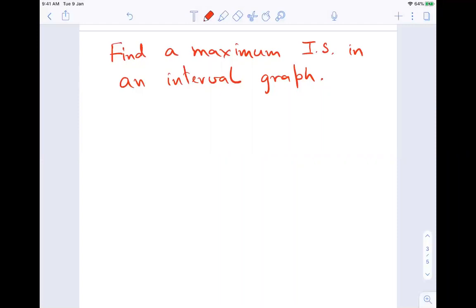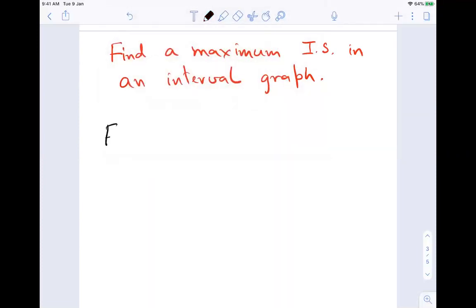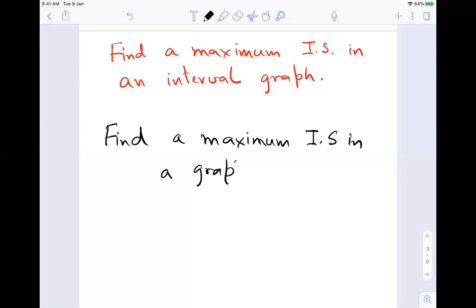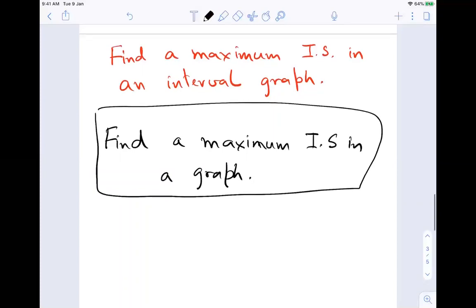Now, of course, we can ask a different question. Why do you need the interval graph? Why not ask this question: find the maximum independent set in a graph, just in a graph. What's the problem with this question? Anybody has any idea?